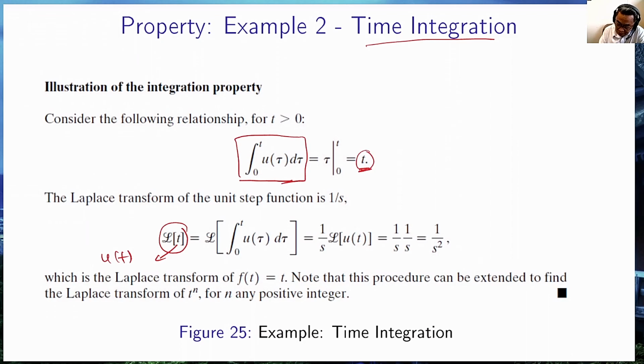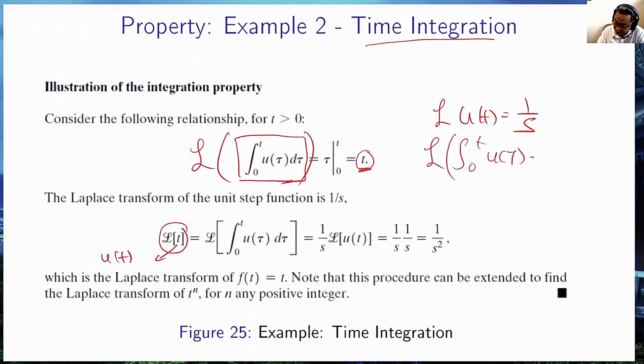And therefore now we remember that we want to do the Laplace transform of this guy. We already know that the Laplace transform of u of t is equal to 1 over s. Then the Laplace transform of the integral from 0 to t of u of tau d tau is equal to 1 over s times X of s. What is X of s? It is 1 over s. Therefore the answer is 1 over s times 1 over s, which is 1 over s squared.